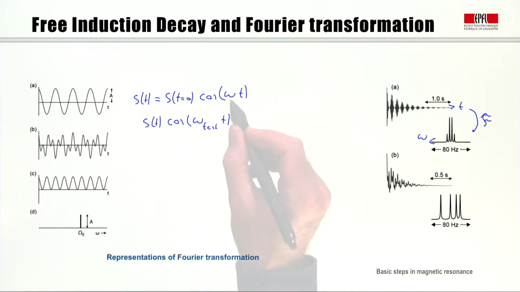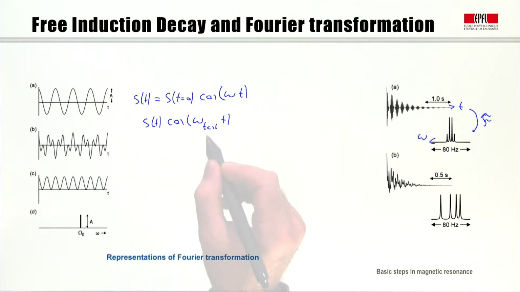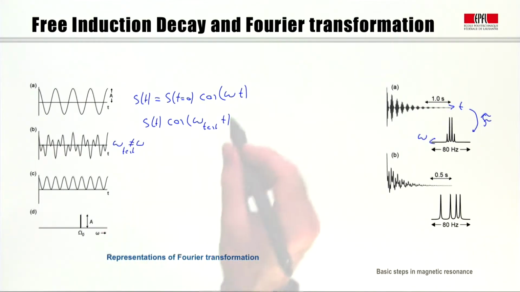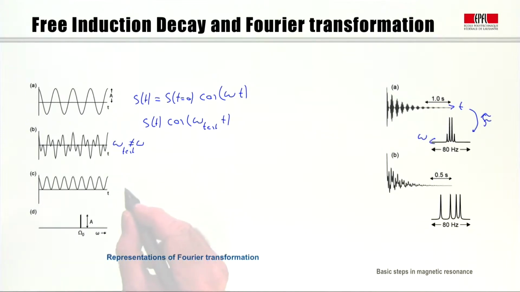And if these two frequencies, the actual resonance frequency and the test frequency, are different, then we have a beat pattern. So in this case, omega test is different from omega, the frequency. But if they are equal, then of course the net effect is that we have a cos square. So this is the case where omega test is equal to omega.